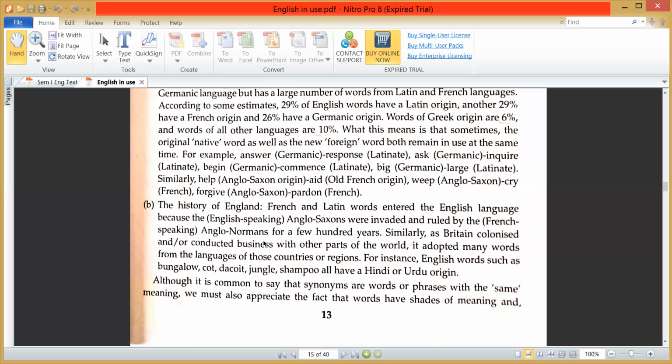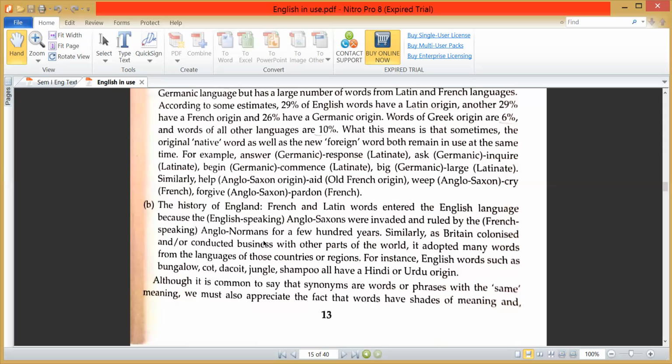Okay, in a similar fashion, when the British people went around and colonized different parts of the world, they happened to borrow words from different languages in every country or region that they had been to.